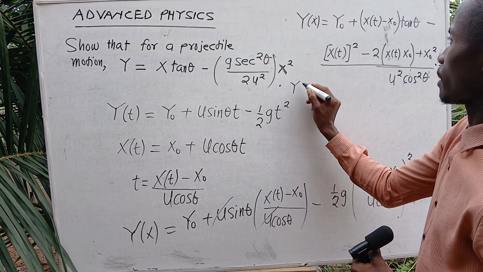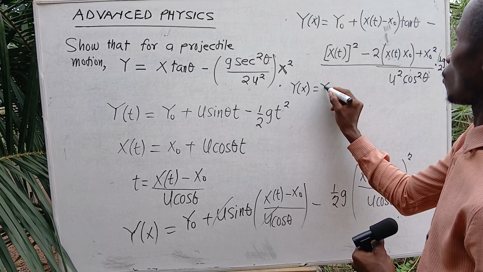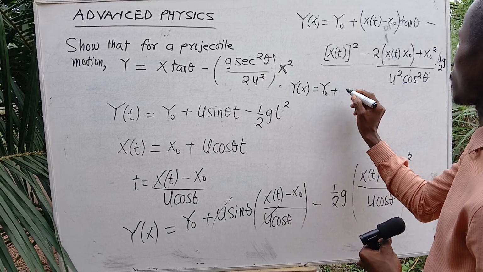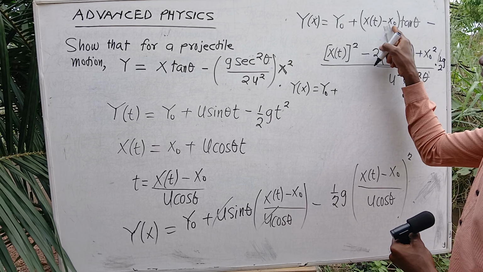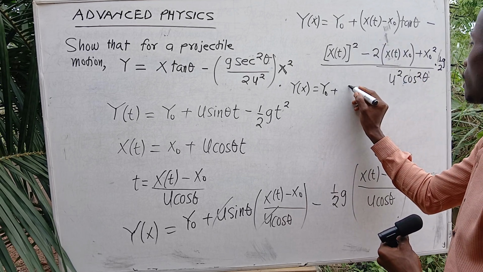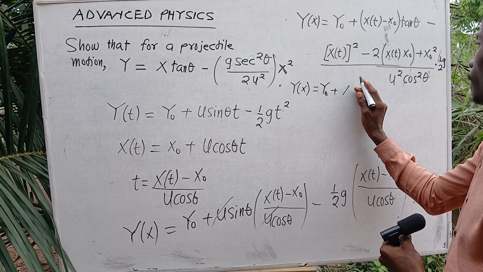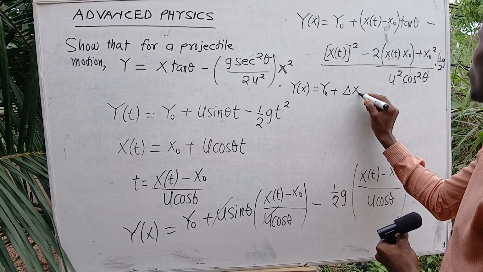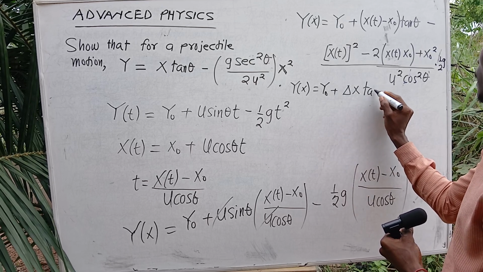So then y of x is going to be equal to y naught plus, now x of t minus x naught, let me simply call that delta x. So delta x times tan theta.